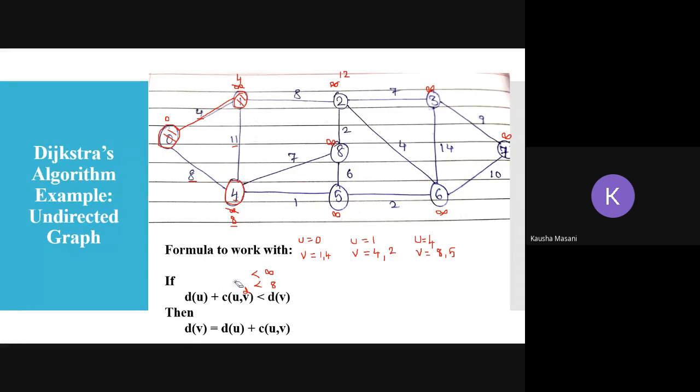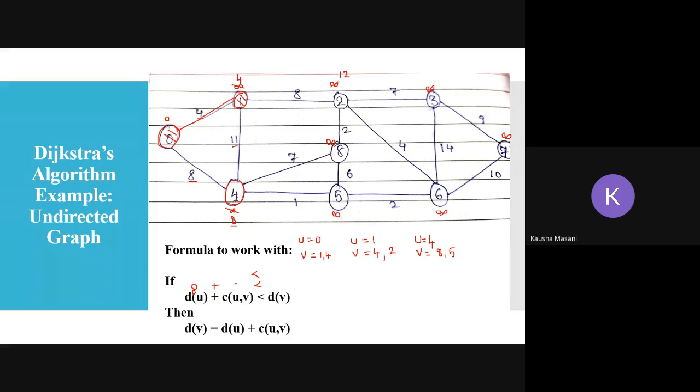Now tell me what is d of u in our case for 4 to 8. D of u is the distance of 4, so that is 8. What is the edge weight between 4 and 8?